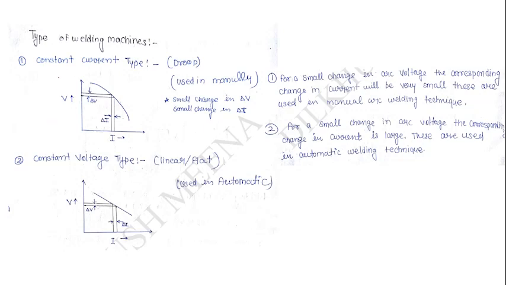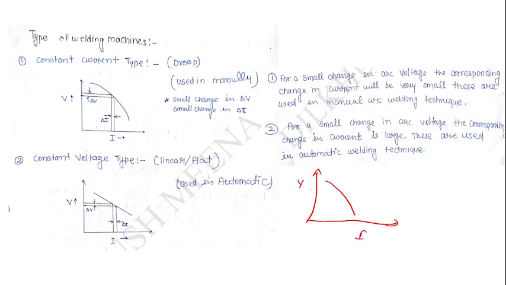So what is constant current type? For a small change in arc voltage, the corresponding change in current will be very small. These are used in the manual arc welding technique. So what is it saying? This is the VI characteristic. In the constant current type machine, your VI characteristic will be like this. This is what is called the droop type.